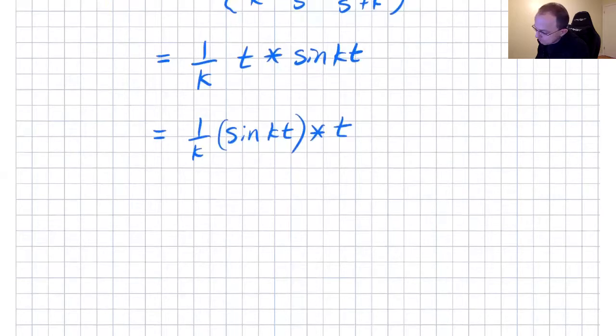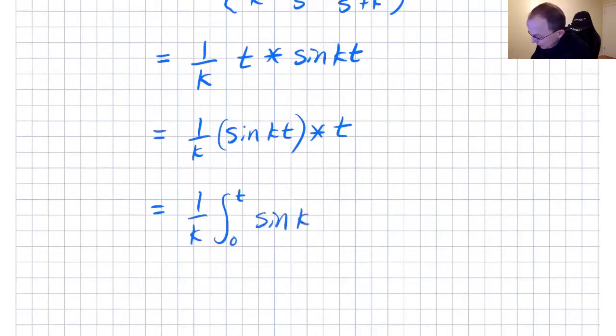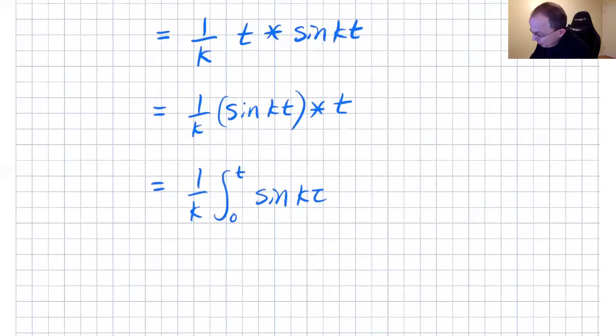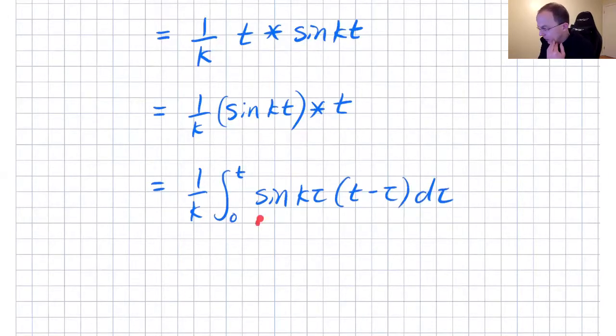So we get 1 over k, integral from 0 to t, of sine k tau times t minus tau, d tau. There's our f of tau, and this is our g of t minus tau. We plug t minus tau into this function, so it becomes just t minus tau.